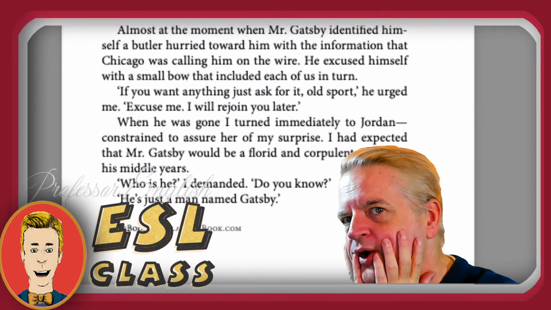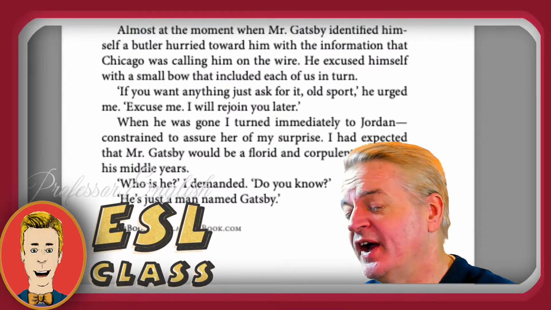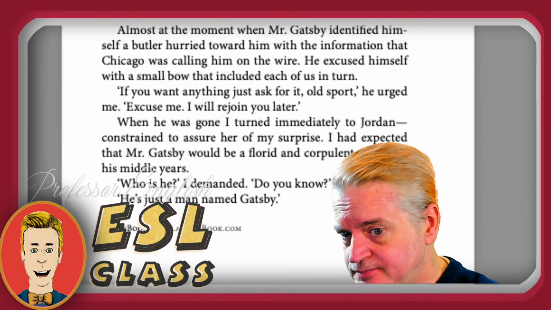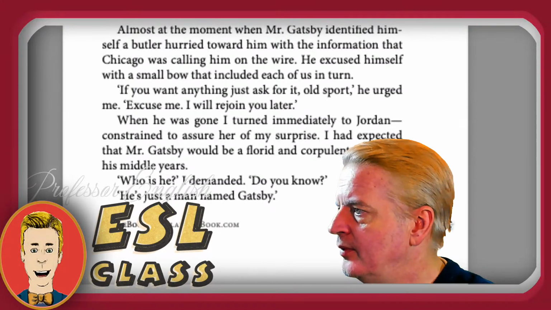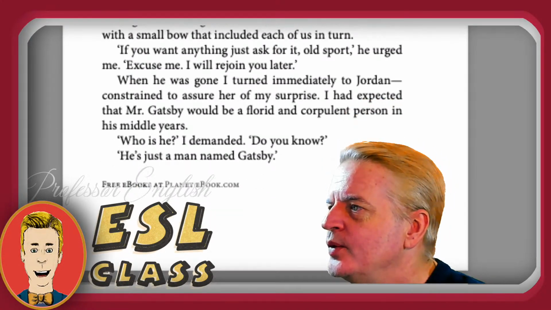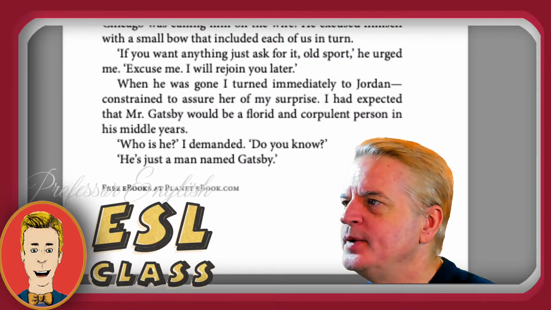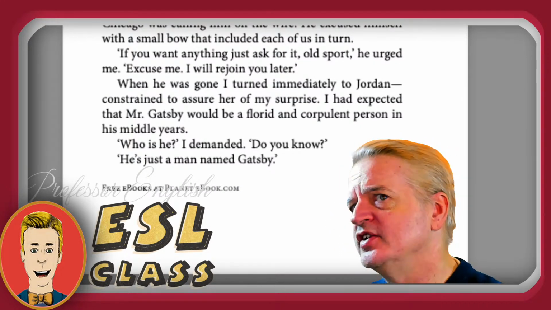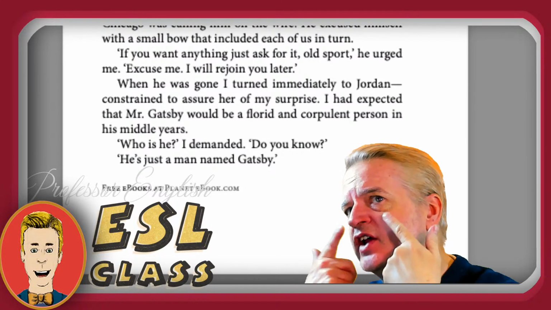I guess if that's your complexion, you always have that. It isn't temporary. Oh, it was with corpulent? "Mr. Gatsby would be a florid and corpulent person." You know, if people drink a lot of alcohol, their skin turns red.